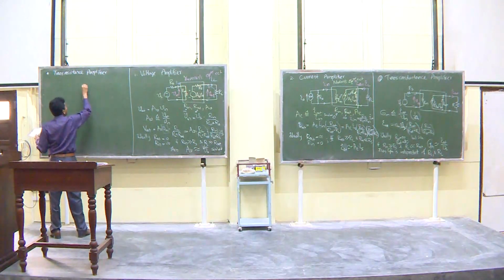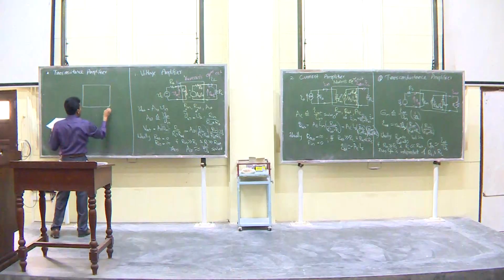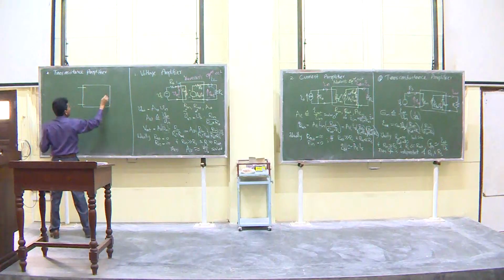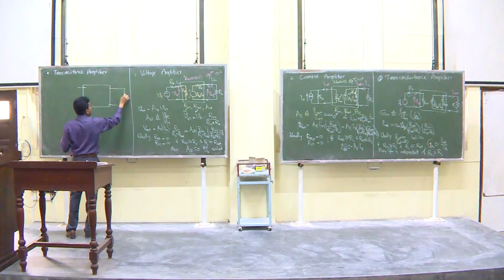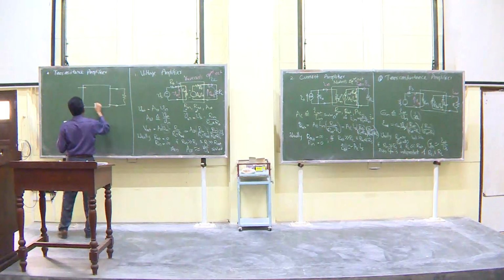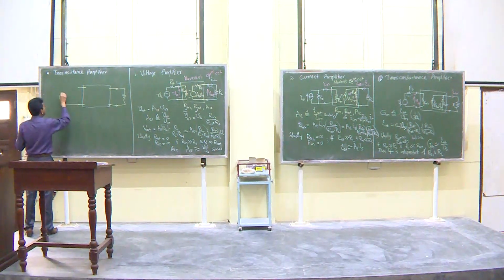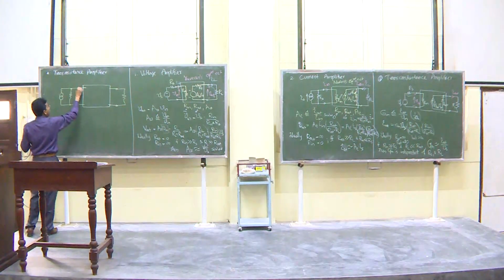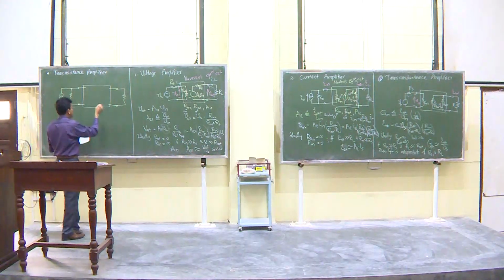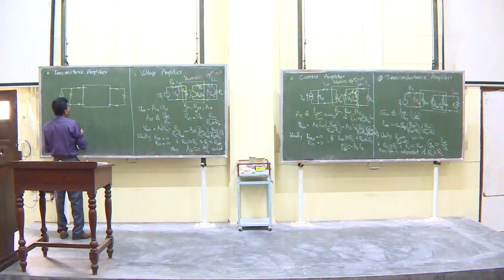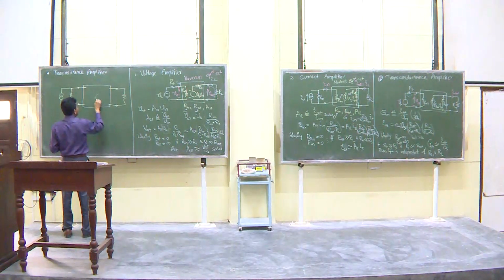So I don't have to spend too much time on this. By now we are all familiar with this. The input is a current, output is a voltage. Since input is a current, I am going to use the Norton's equivalent circuit for my input, and since the voltage is an output, I am going to use a Thevenin's equivalent circuit for my output.